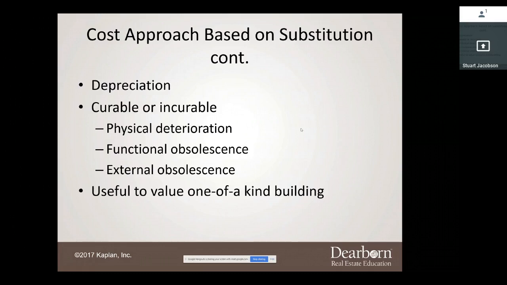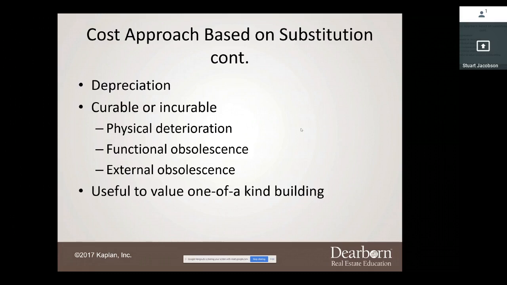External obsolescence. So let me tell you something that would be externally obsolete. If, let's say, my home was built in the 1970s, and in the 1970s in my area, this was all farmland. Now in 2018, let's say they built a racetrack down the road from me.